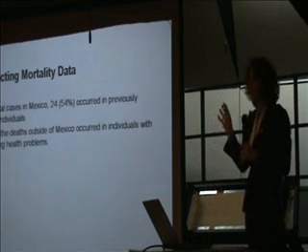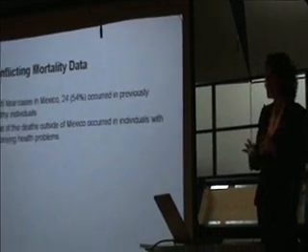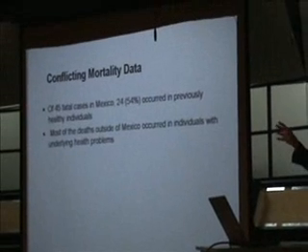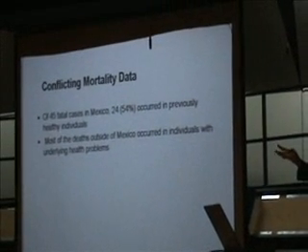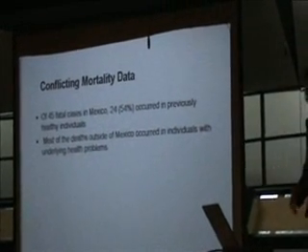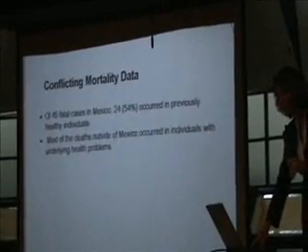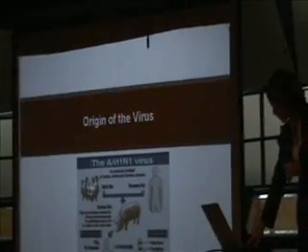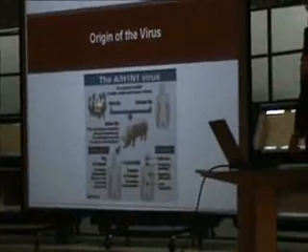As I mentioned, there are conflicting data between Mexico and the rest of the world. It seems like the mortality in Mexico was a bit different than in the rest of the countries, and this again is being analyzed currently.